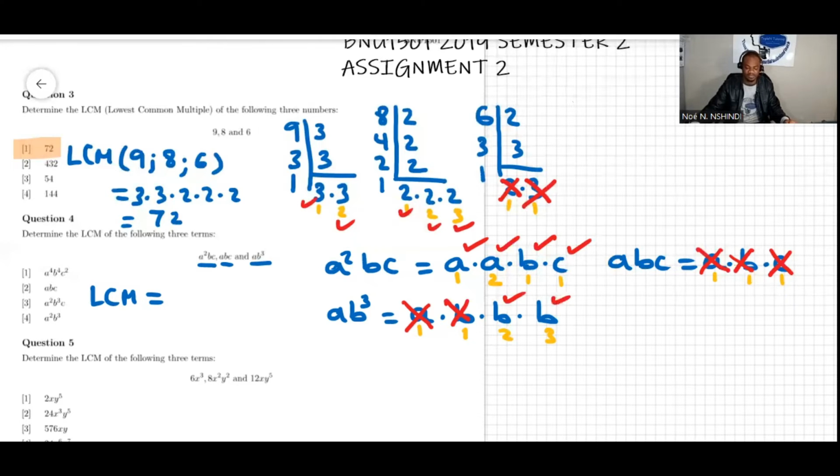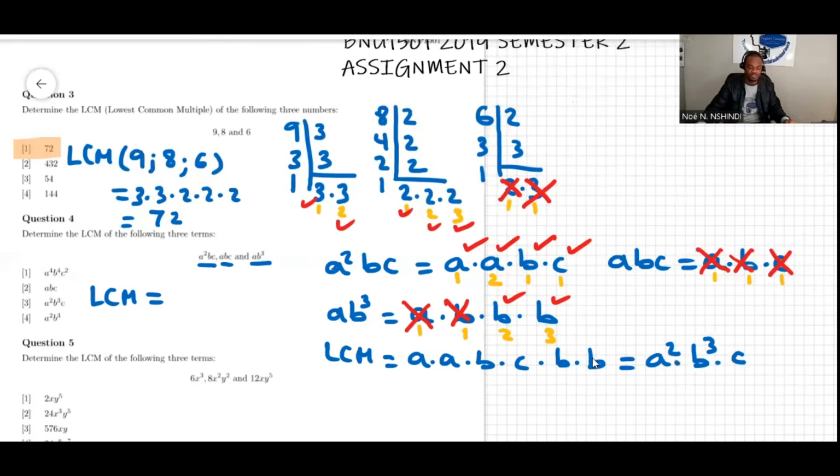So the LCM here will be A times B times C, all this obviously, and then times B times B. So A times A makes A squared, and then B times B times B, the common base, so B to the power 3, and then times C. So the LCM will be A squared B cubed C, which is alternative 3.